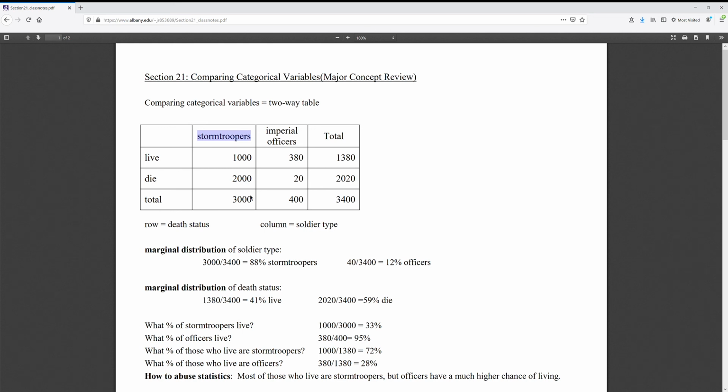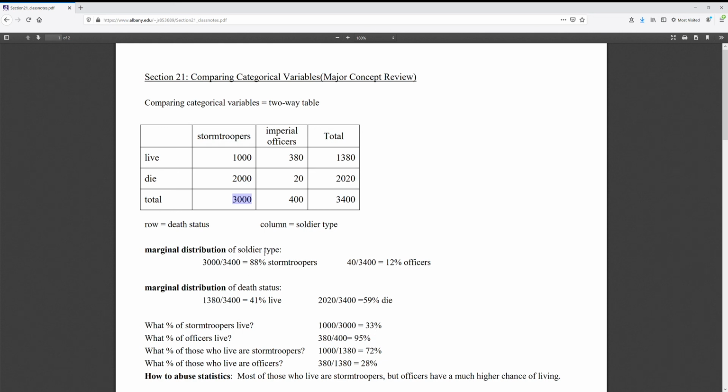This is the column in question when we're talking about whether or not stormtroopers live. So the total number of stormtroopers is 3,000. That's what we're dividing by. And the success is living. That's what's in the numerator. So 1,000 stormtroopers who live, divided by 3,000 stormtroopers, a third. Call it 33%.